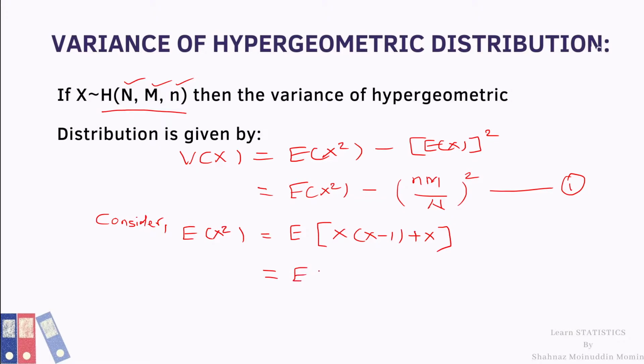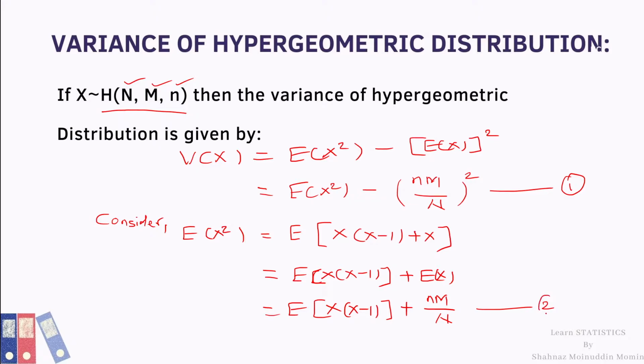So it is equal to expectation of X into X minus 1 plus expectation of X, which is equal to expectation of X into X minus 1 plus the value of expectation of X, which is nm by N. This is equation number 2.